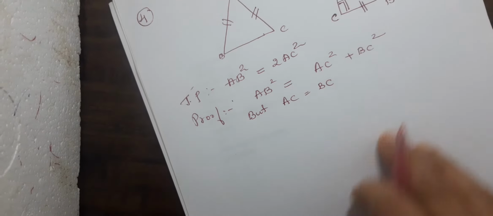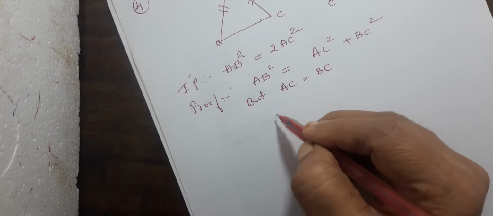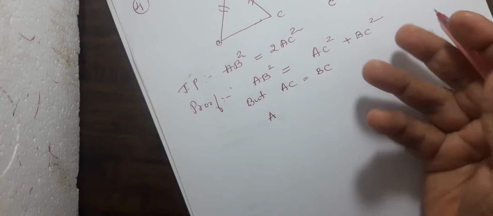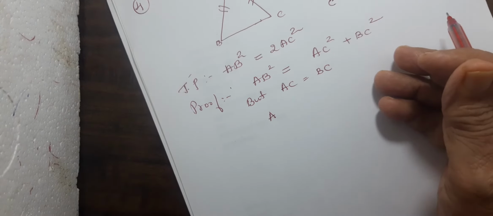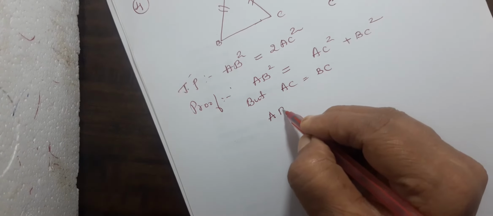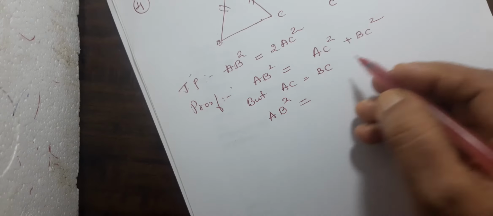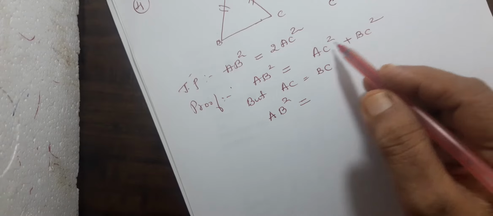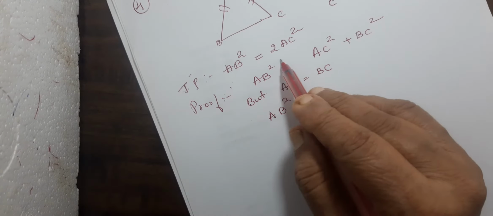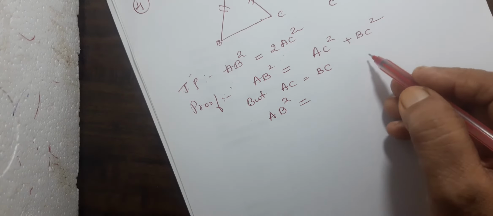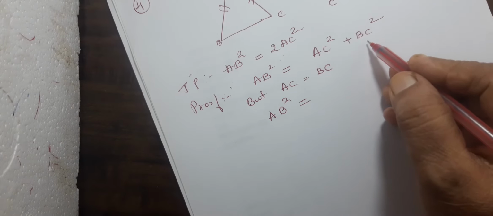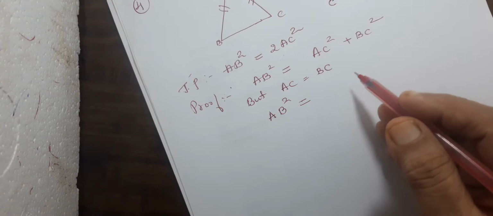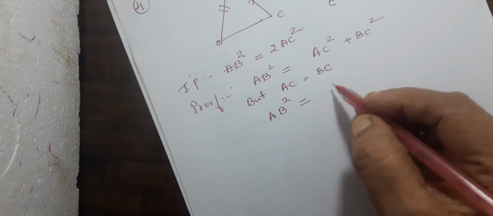Instead of AC you can write BC, or instead of BC you can write AC. Any one you can do. What we want is 2AC squared, so you have to write BC as AC, because both of them are equal to each other.